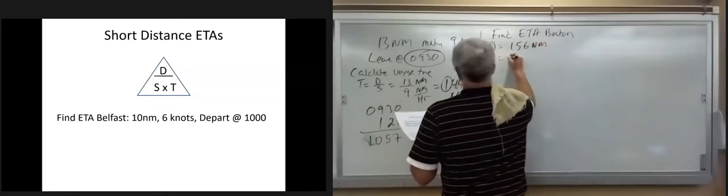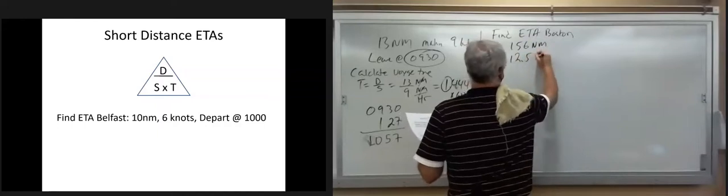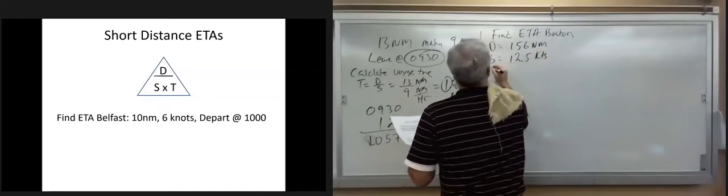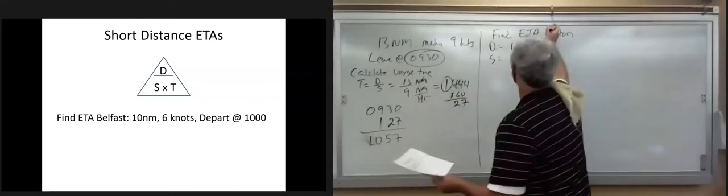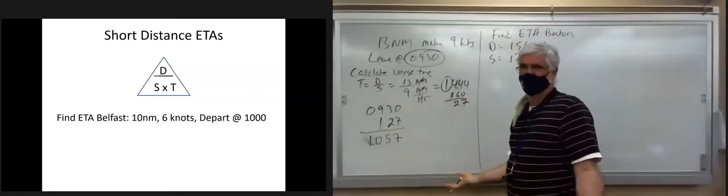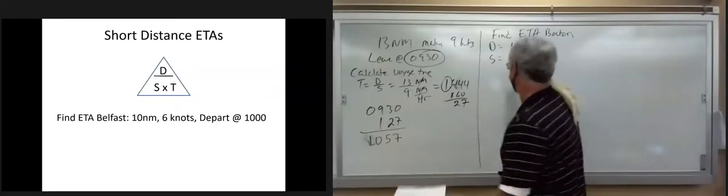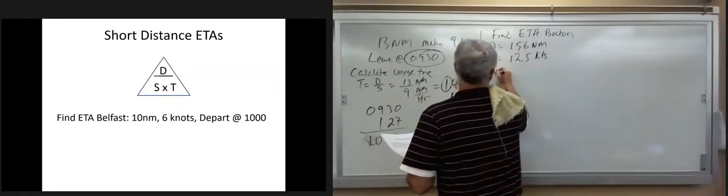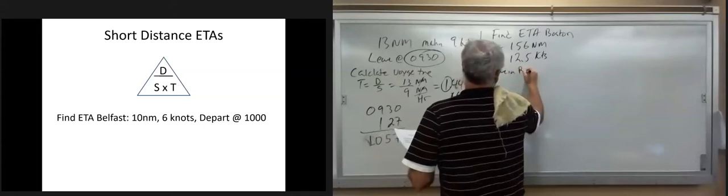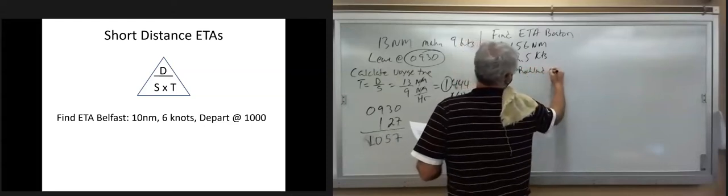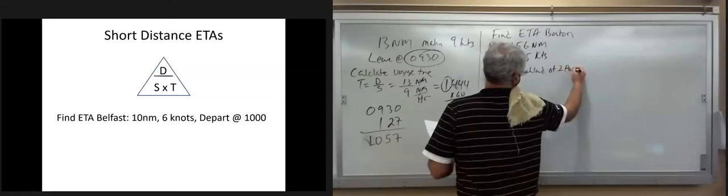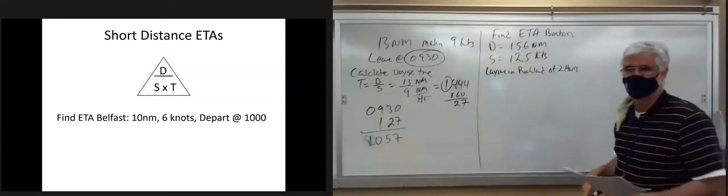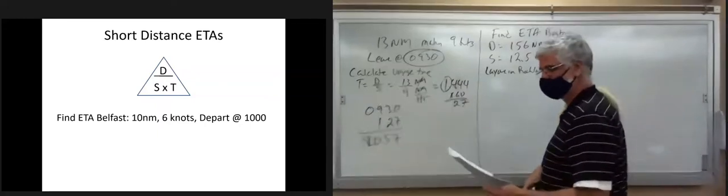The speed is 12.5 knots. We're going to leave from here, 156 miles away, and we're going to stop and have a layover in Rockland of 2 hours. We'll buy some fuel there, or go say hello to a friend on the dock.